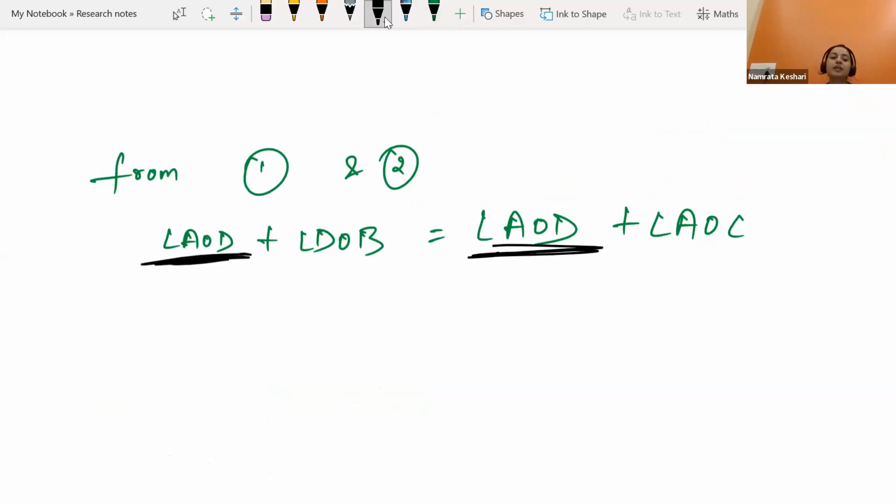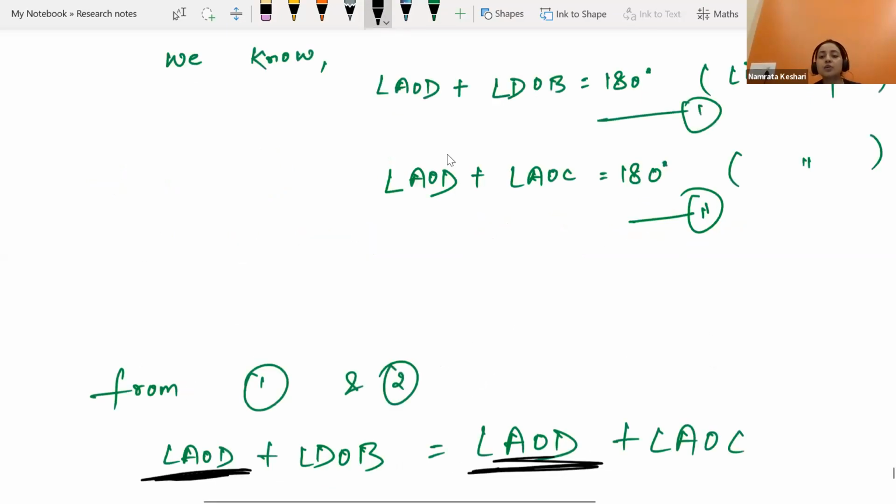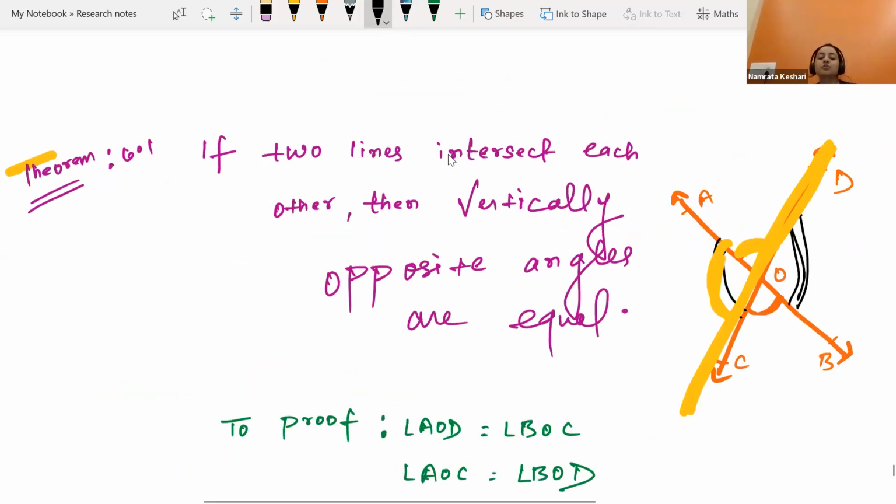Saziya, are you getting it? Yes, ma'am. We will cancel out these two underlined terms. If you want, you can cancel here only, otherwise you can keep it on one side and then cancel. And what are we getting from here? Angle DOB is equal to angle AOC. Check it. DOB is equal to AOC.